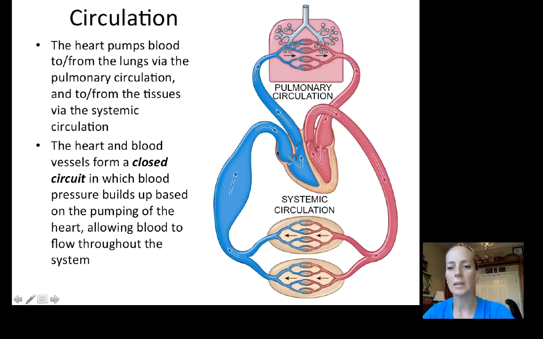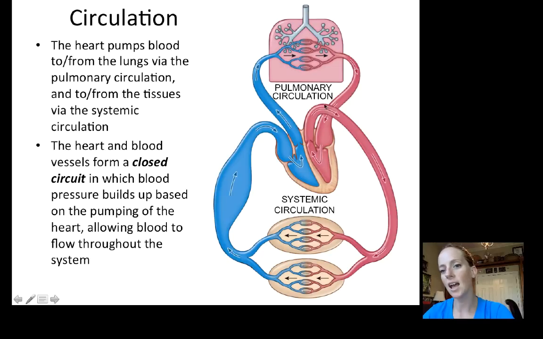And as the heart is relaxing, it's receiving blood to refill to reset the circuit. So the heart and the blood vessels form a closed circuit in which the blood pressure builds up based on the pumping of the heart. And that allows blood to flow throughout the system.